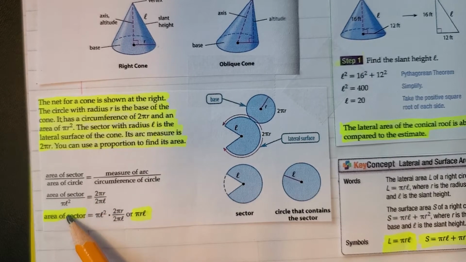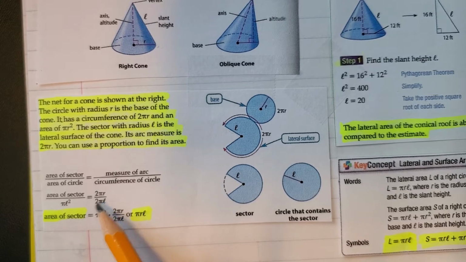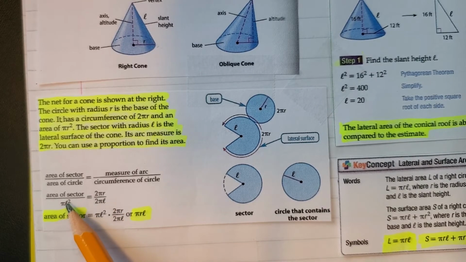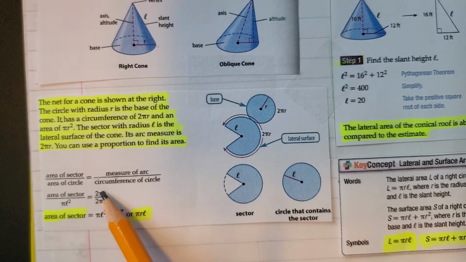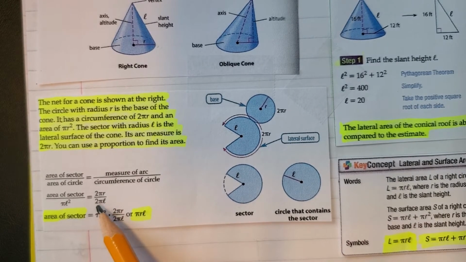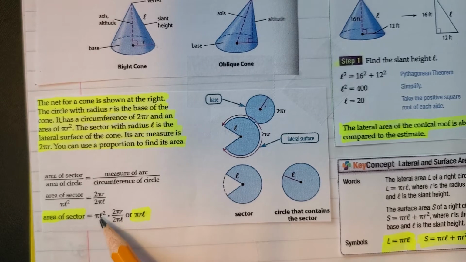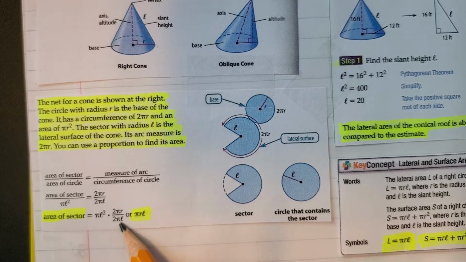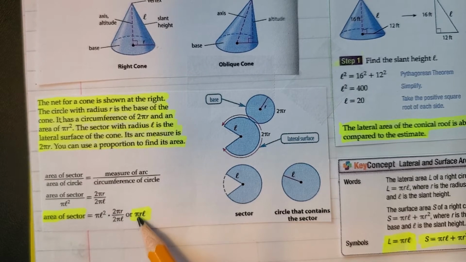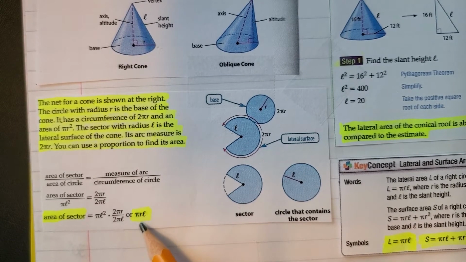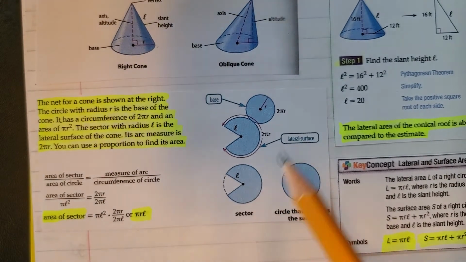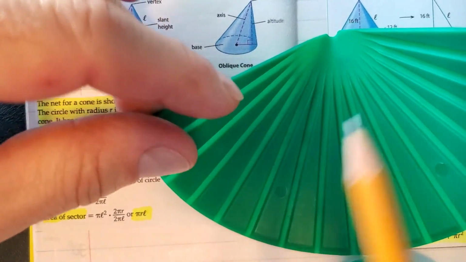Now we set the product of the means equal to the product of the extremes. So the area of the sector times 2 pi L equals pi L squared times 2 pi r, and then you divide by 2 pi L. When you divide, the 2 simplifies, the pi simplifies, and the L simplifies, and you end up with pi r L. That is the area of this Pac-Man part.